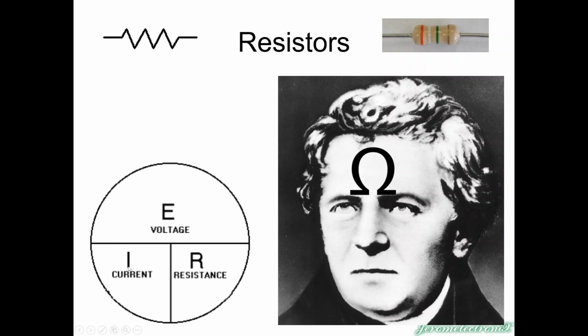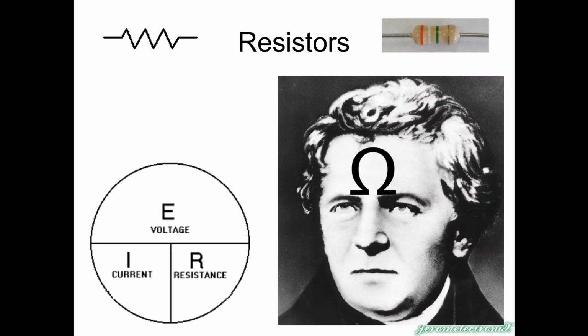Sometimes you'll see an A here for amps, an I for intensity, sometimes a C for current. They are pretty much describing the same thing as well. Resistance, you'll see an R. You might see the word ohms in this quadrant, or you might see the omega symbol there. And that's the relationship that George Ohm figured out.